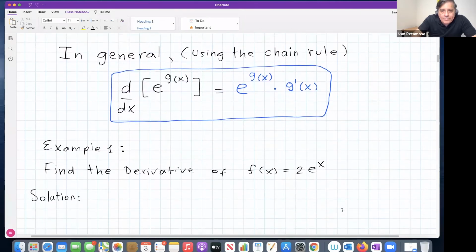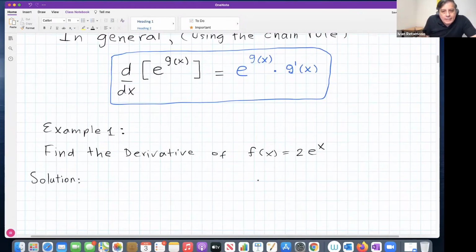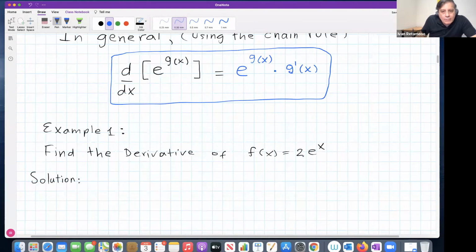Example 1, suppose they ask you to take the derivative of this function, 2 times e to the x. Let's start with something simple, and little by little we will go over something more challenging, right? So what should be the derivative of this function, 2 times e to the x, with respect to x?